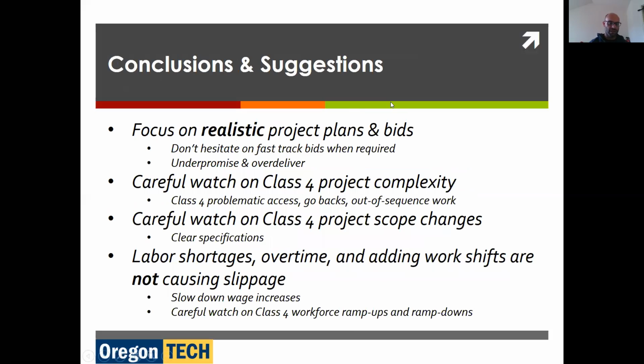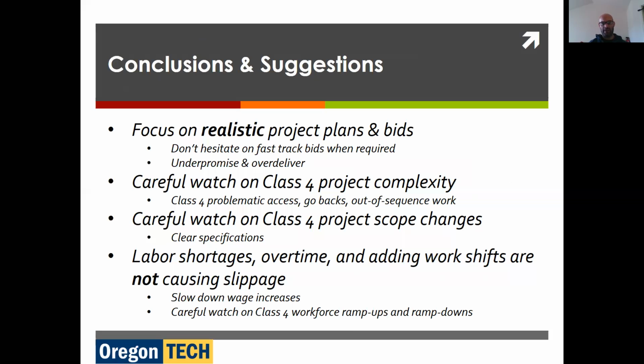Okay, for conclusions and suggestions, we need to focus on realistic project plans and bids. We shouldn't hesitate to do fast tracks when required. And I think like any good business, we should under-promise and over-deliver. Okay. We need to put a careful watch on high complexity class 4 projects.